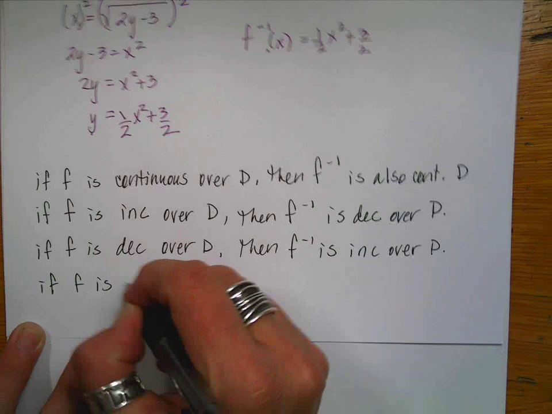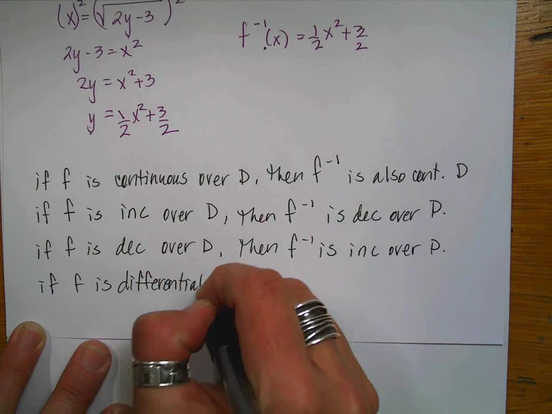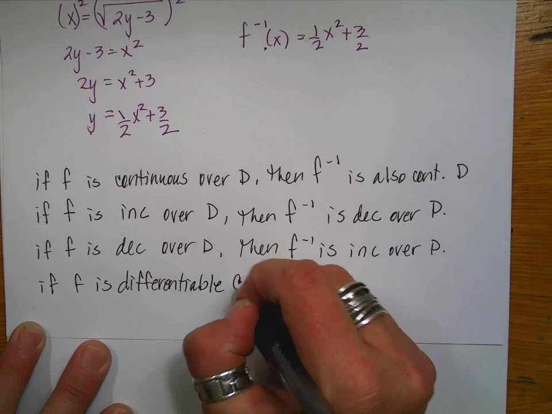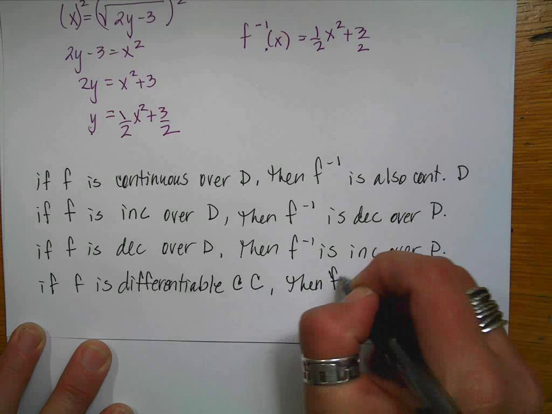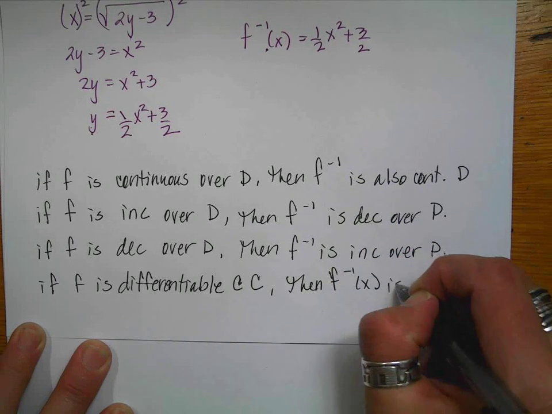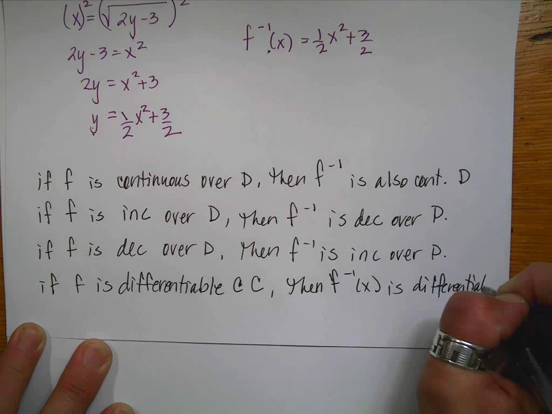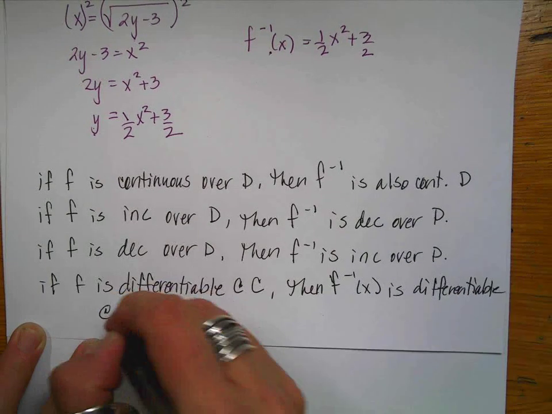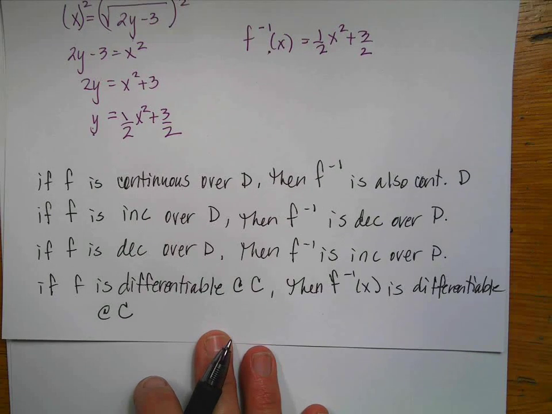And then the last one is if f is differentiable at a constant c, then the inverse, f negative 1 of x, is also differentiable at the same constant. Okay? So if something is possible for the function, it's also possible for the inverse.